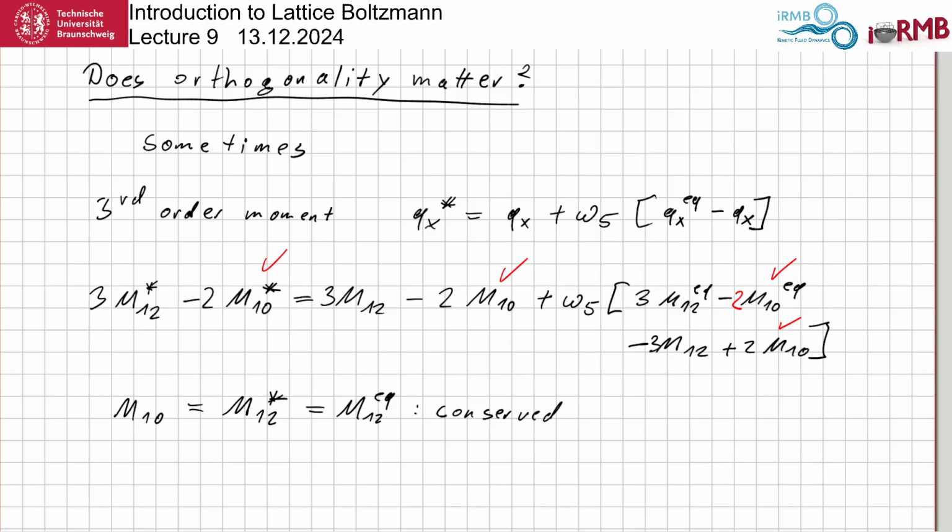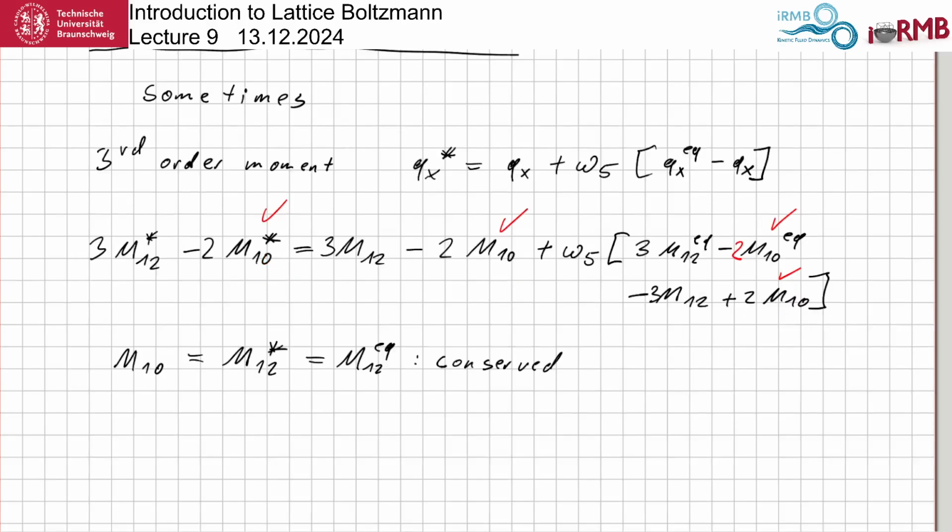So basically, m12 is equal to m12 plus omega times m12 equilibrium minus m12. So if somebody tells you to make it orthogonal to the mass, then you will see there's a difference. You see, there's no difference.